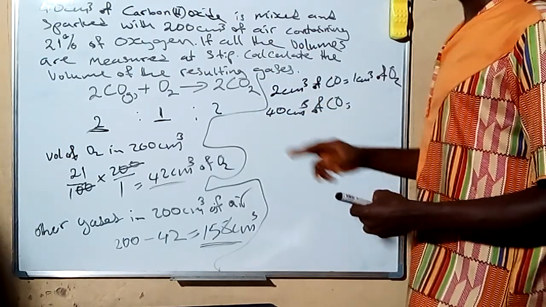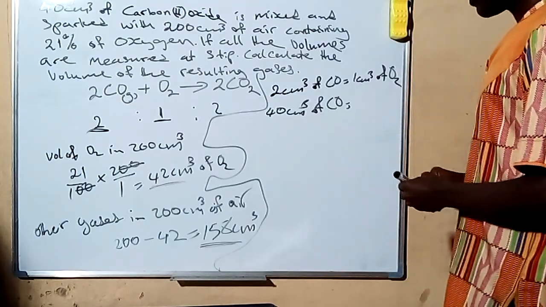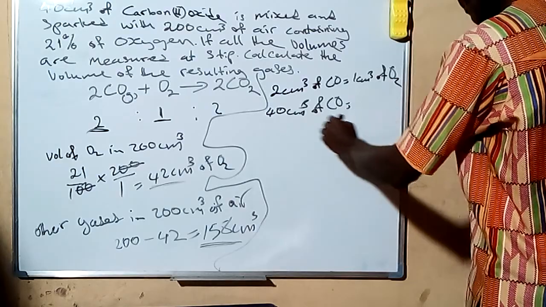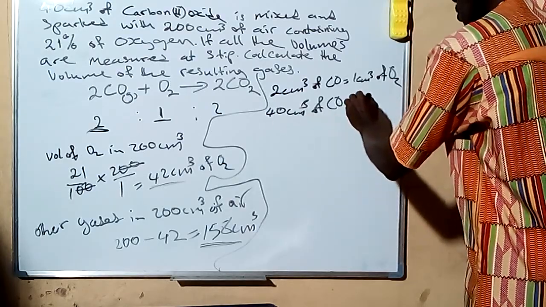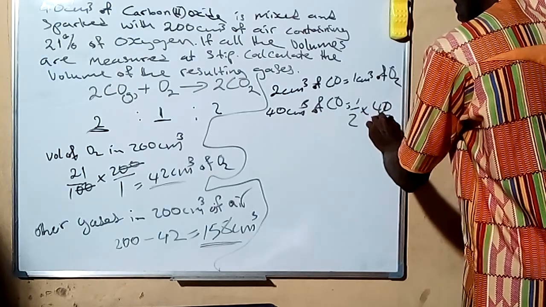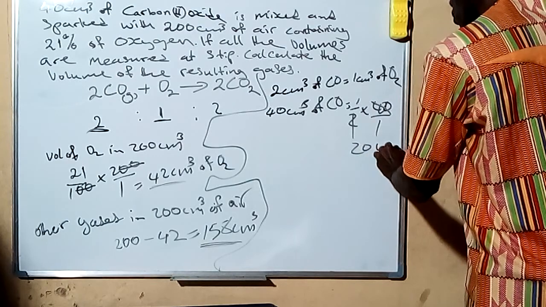We expect it to combine completely with the oxygen. So 40 cm³ will react with 1/2 times 40 over 1. This will cancel out. We have 20 cm³.